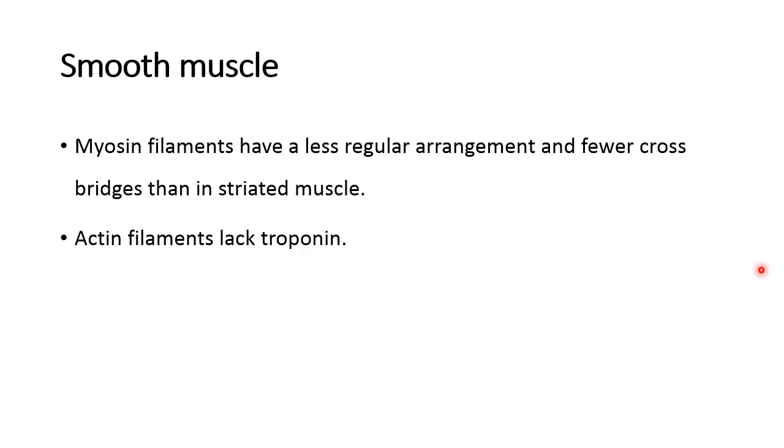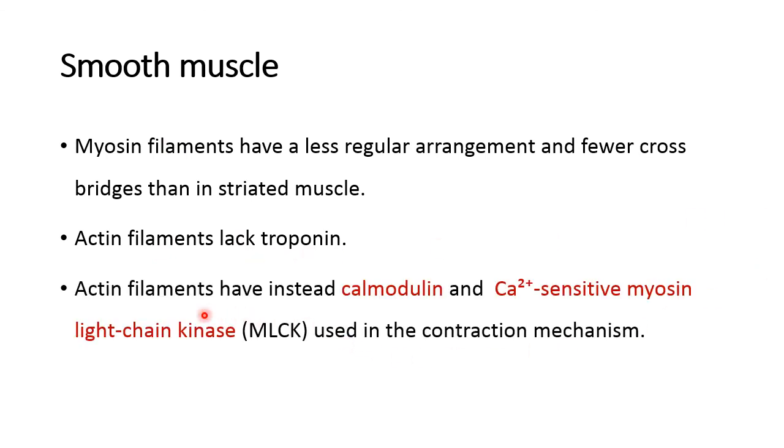Instead of troponin, the actin filaments have calmodulin and calcium-sensitive myosin light chain kinase, MLCK, which act in the contraction mechanism because there are no troponin proteins in the actin filaments.